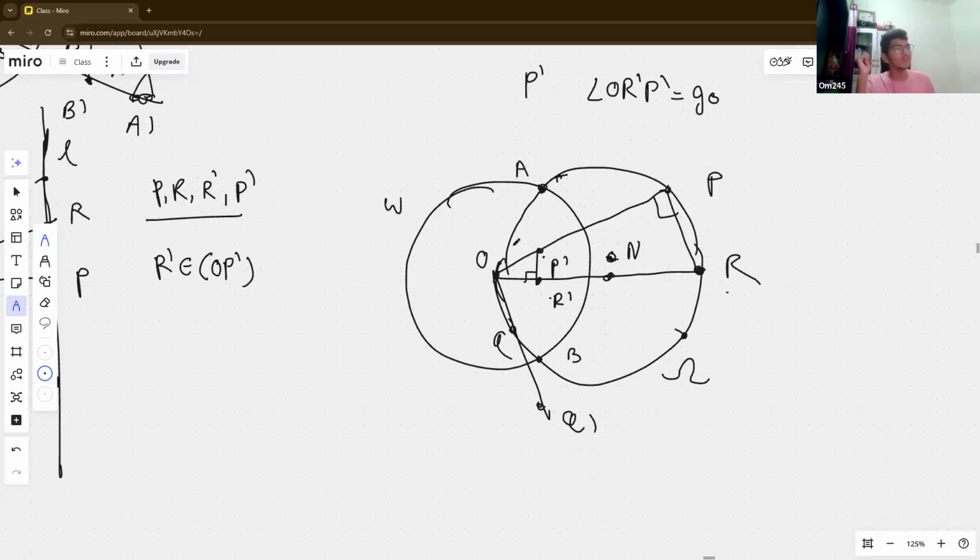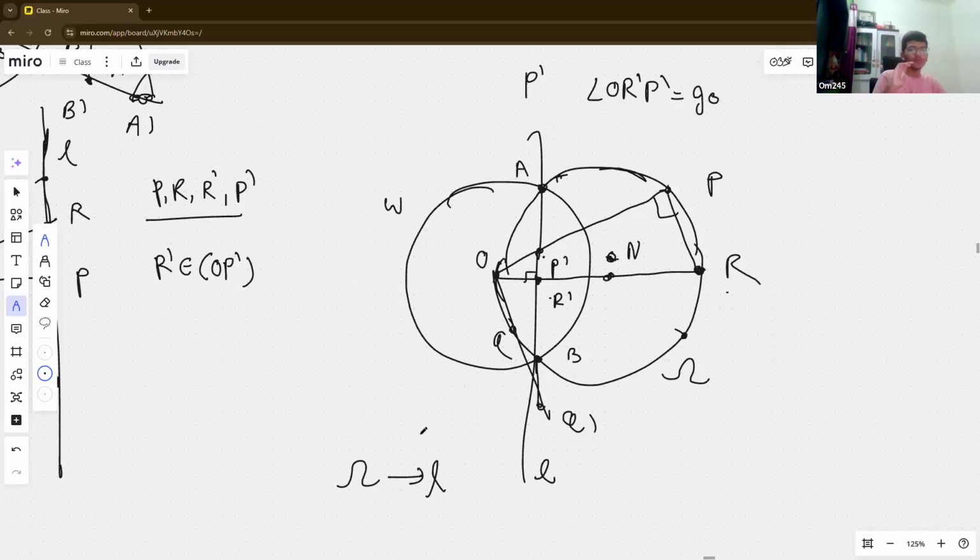So now what? If you consider any point on this line, that point will go to this line, the line perpendicular to OR at R dash. So basically what we conclude is that this circle will go to a line.